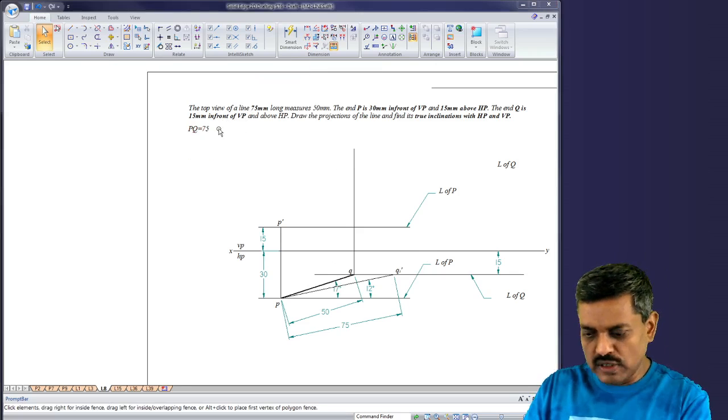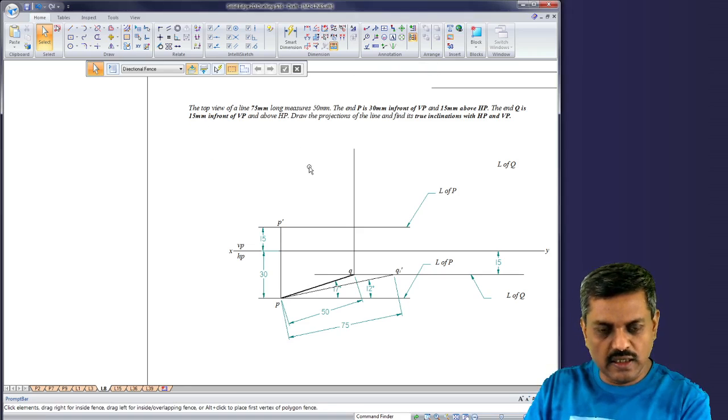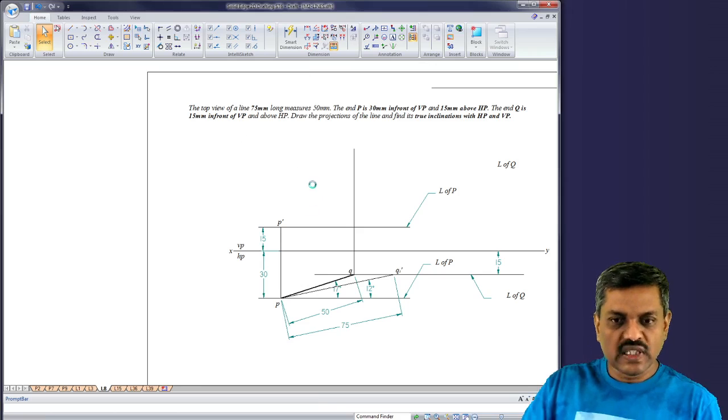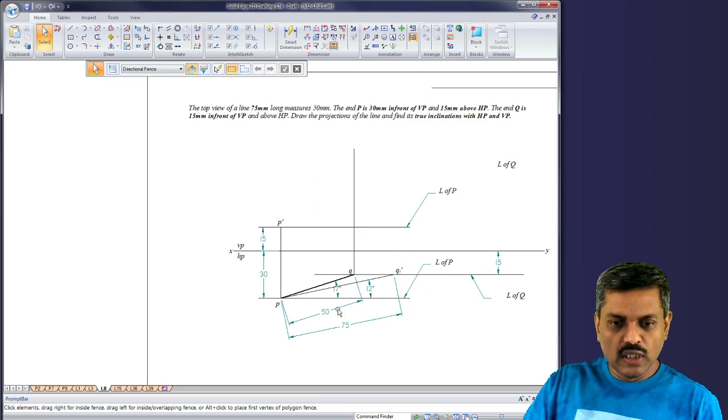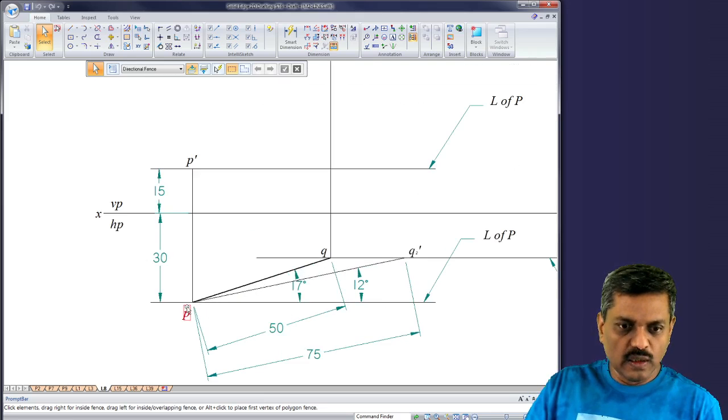Because we have utilized that data, or you can strike it off if you are solving on a real paper. So now, whenever a line is in true length and true inclination, the opposite view will be shorter and parallel. Okay, let me apply that concept. P will have P dash, it is already having, and Q2 dash has to reach until the locus of P over here, so that it becomes parallel.